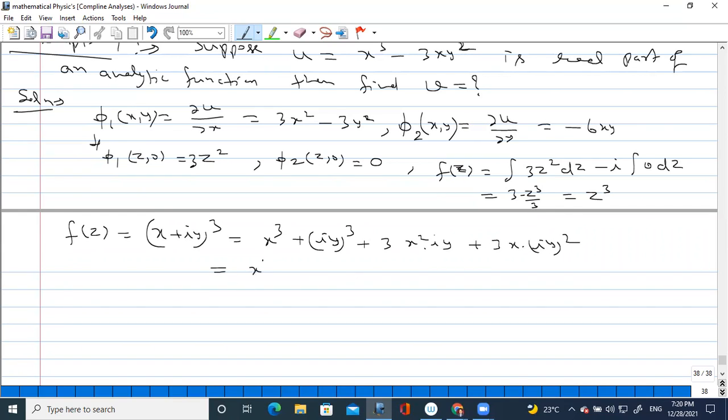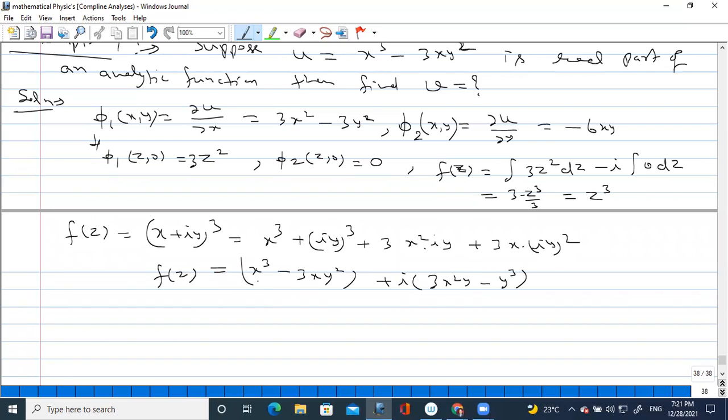So it will become x cube, this we have done earlier. So x cube minus 3x y square, that will be the real part, and plus i (3x square y minus y cube). This will be the imaginary part.